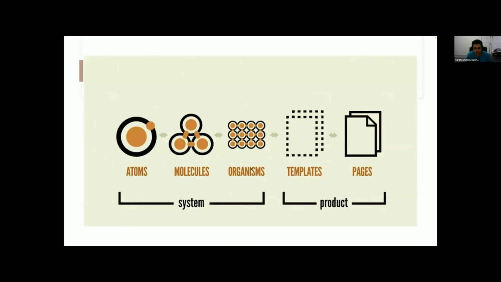One way to understand the design system is through biology: atoms make up modules and then organisms. Equivalently, a component library is made up from components, and templates or layouts, which is your product, will be made up of these components, and pages will be made up of these templates.